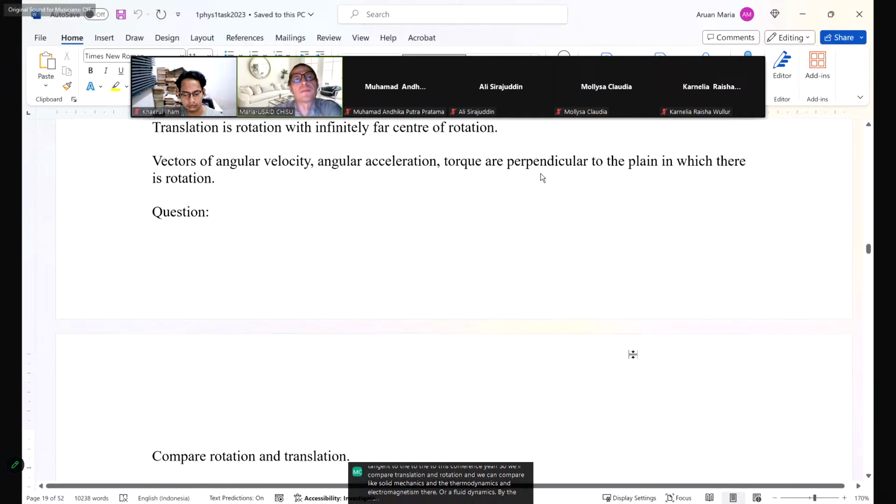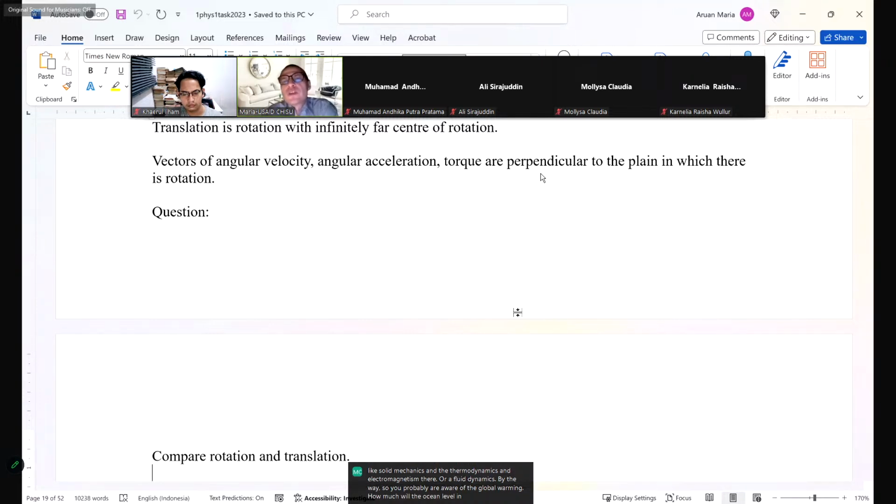By the way, you probably are aware of the global warming. How much will the ocean level increase if all the floating icebergs melt completely? What do you think? Maybe it's hard for you to calculate, but you can give a guess.